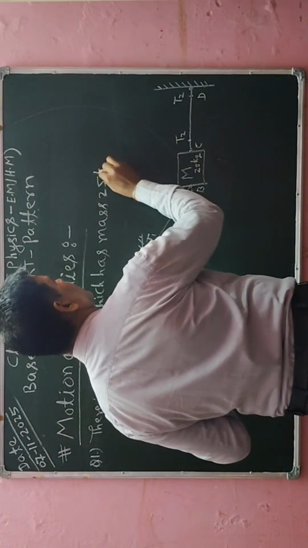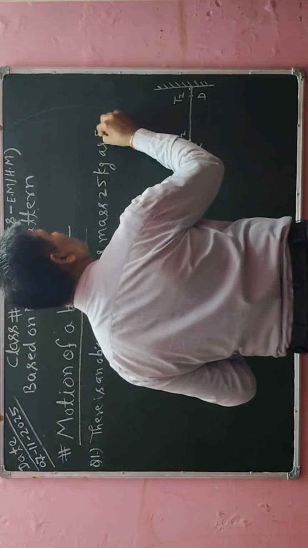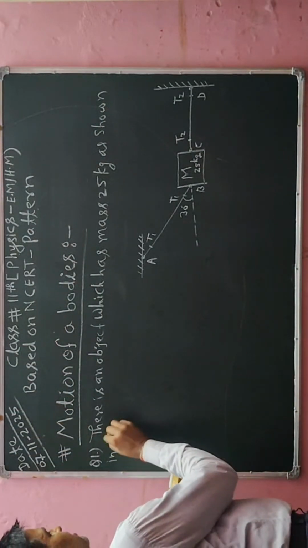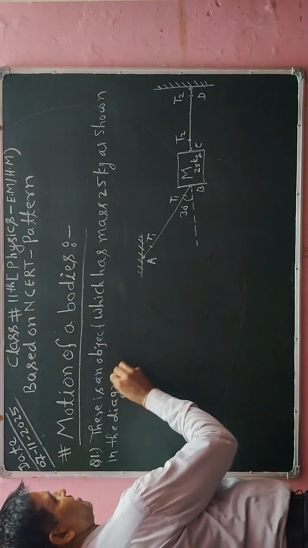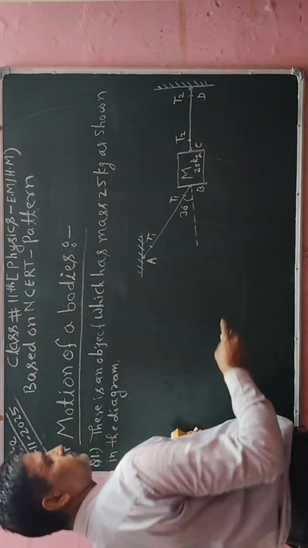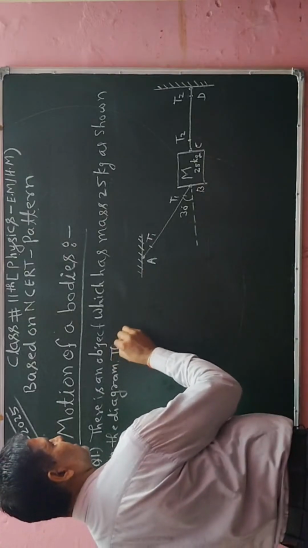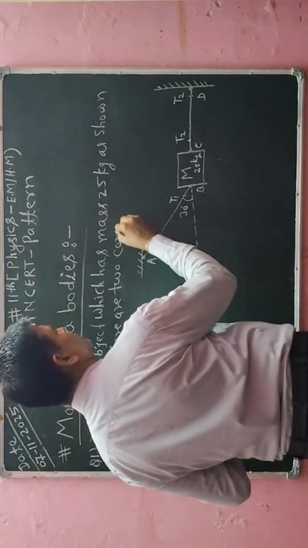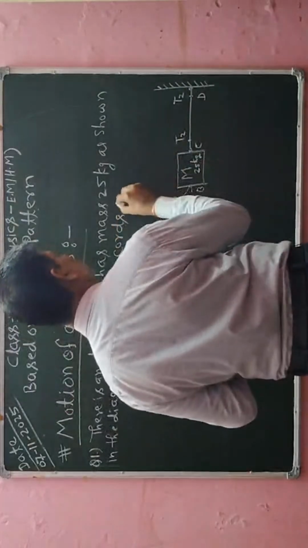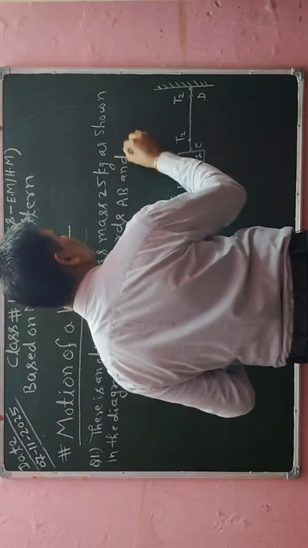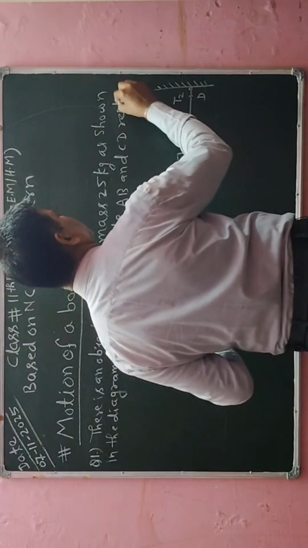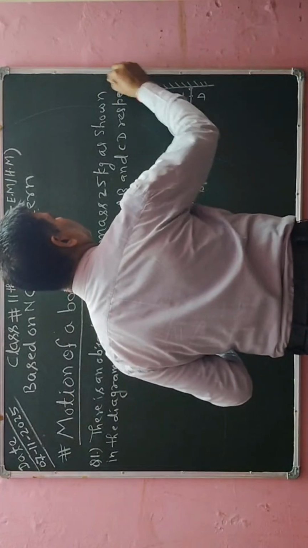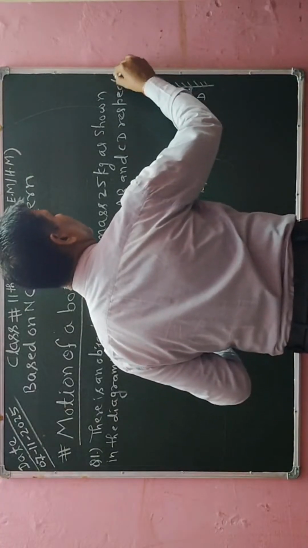And there are two cords, AB and CD respectively.